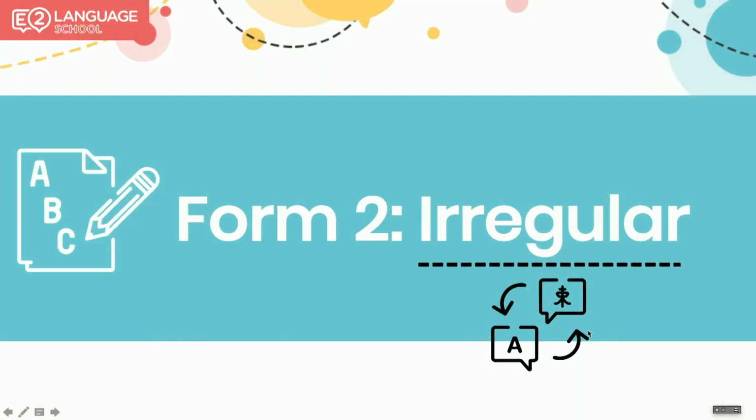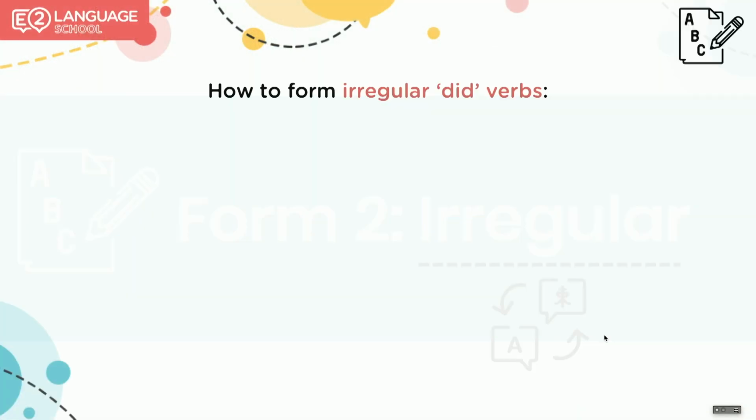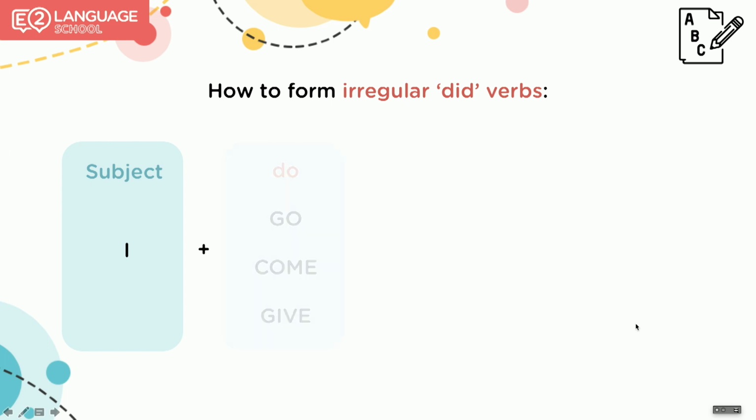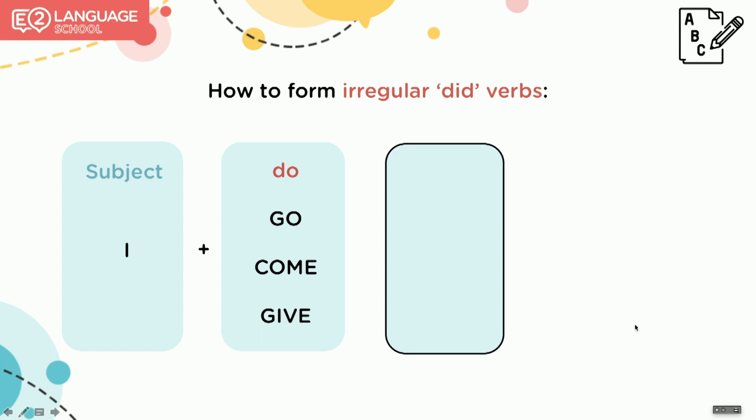Okay, let's have a look at some irregular did verbs. So here's a sentence with an irregular did verb. We have I, then we take a do verb like go, come, or give, but instead of adding ed, we change the word completely. So go becomes went.